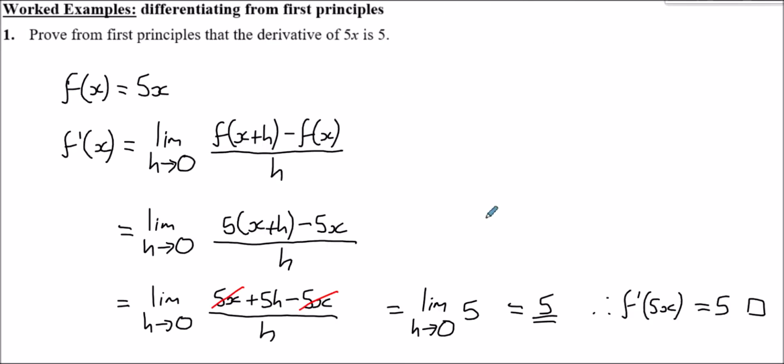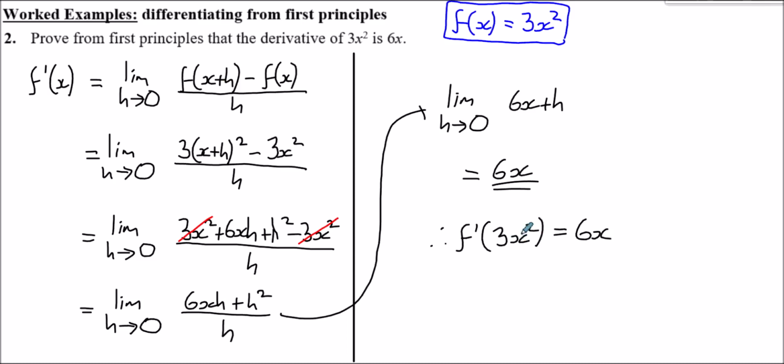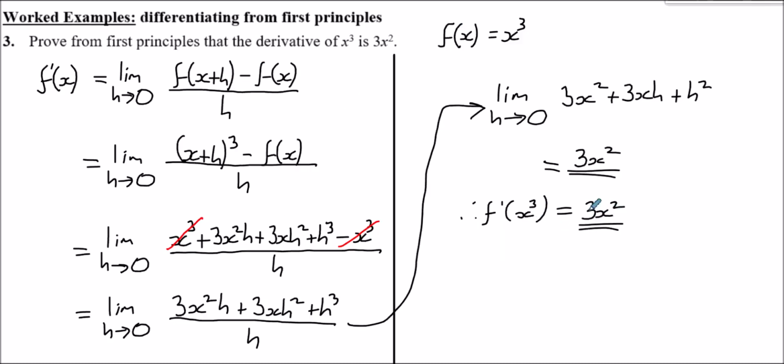And the gradient function of 5x was 5. I'll give you one clue: think about the power of x each time. So 5x, gradient becomes 5. 3x squared became 6x. x cubed became 3x squared. Just have a think of that. If you get it before the next lesson, great. If you can discover it yourself, it's that more powerful.